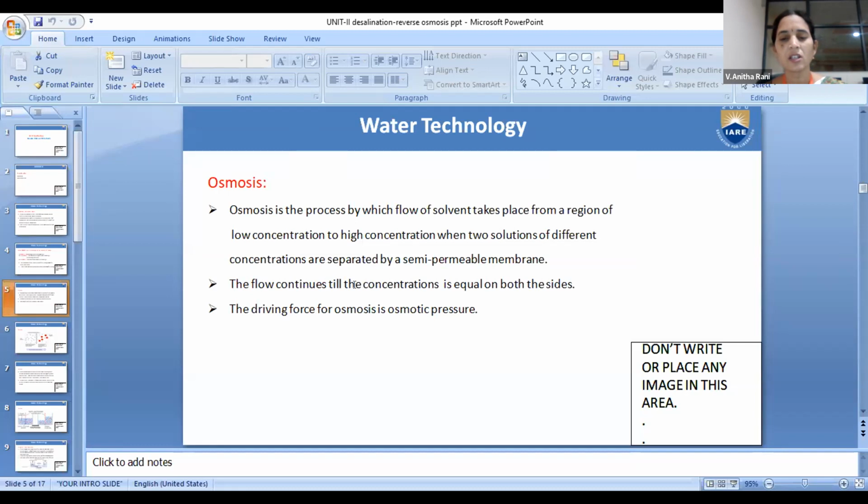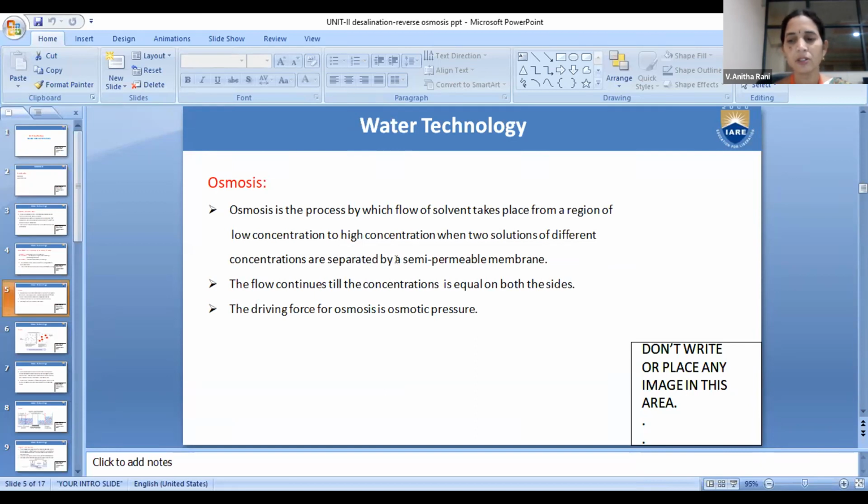The flow of solvent takes place from the lower concentration to the higher concentrated solution. What is the solvent here? The solvent is water and the solute is sodium chloride.